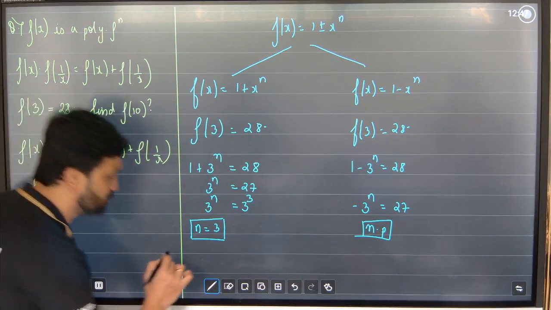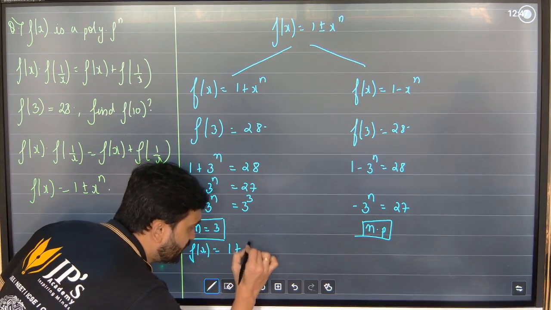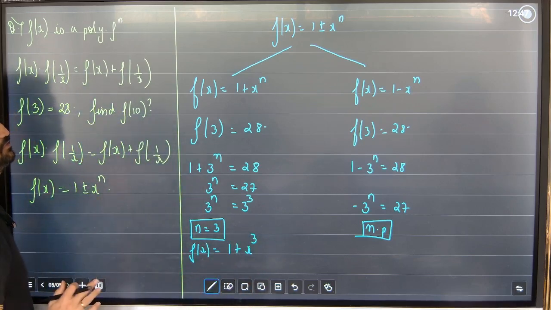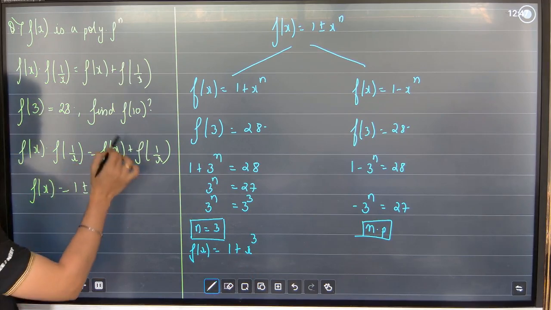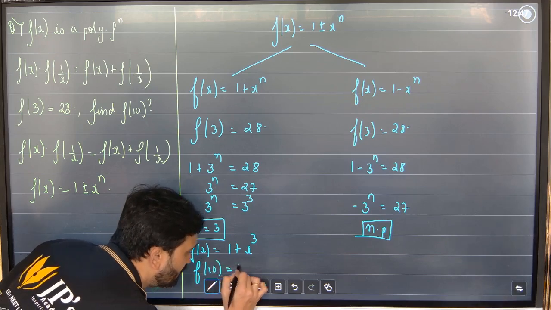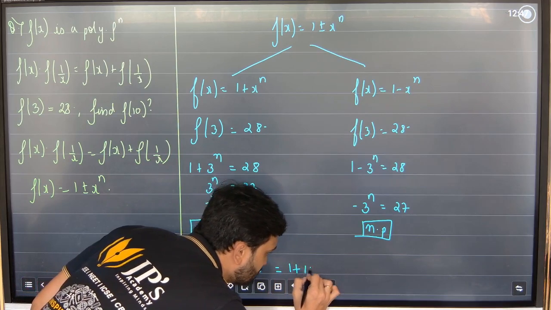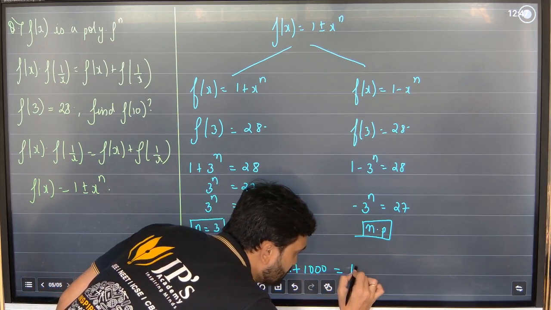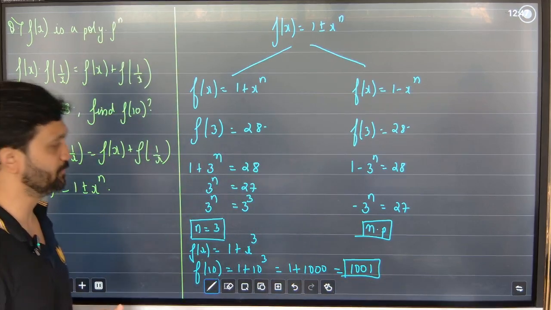Therefore, my equation becomes f of x is equal to 1 plus x cube. This is the function. Since I have got f of x is equal to 1 plus x cube, they have asked me the value of f of 10. So f of 10 becomes 1 plus 10 cube, which is 1 plus 1000. And my answer is 1001. This is the answer.